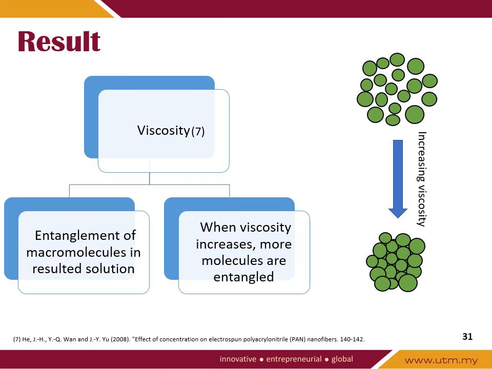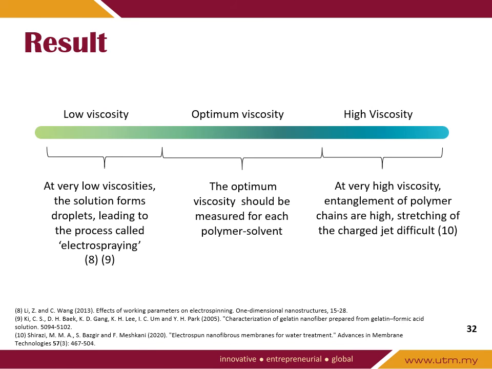Based on the results, we can observe that viscosity is related to the entanglement of macromolecules in the solution. So, when viscosity increases, more molecules are entangled. From this, we can observe that there is a range of suitable viscosity for the electrospinning process.